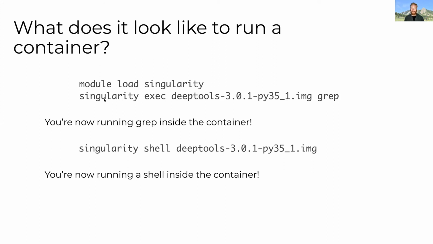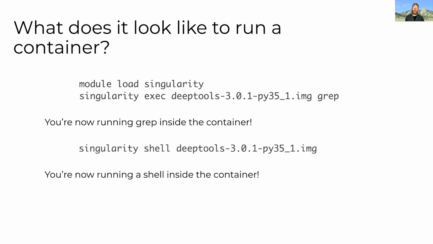So when you run this command, you're running grep, but you're running it inside the DeepTools Singularity container. And to access the container in an interactive way, you can use the command singularity shell, and then the name of the container, and then you're inside the container running a shell, and you can use any of the software that's installed in that container.